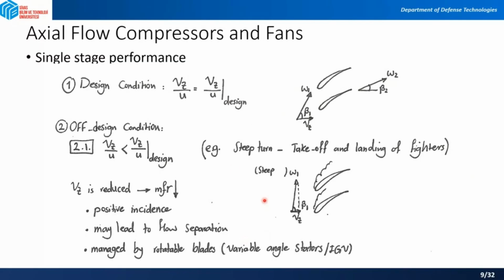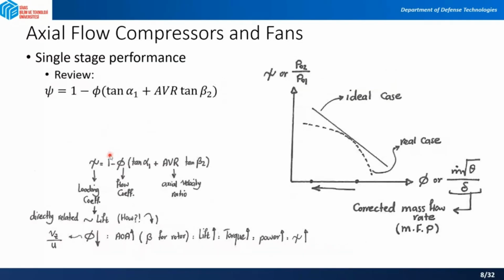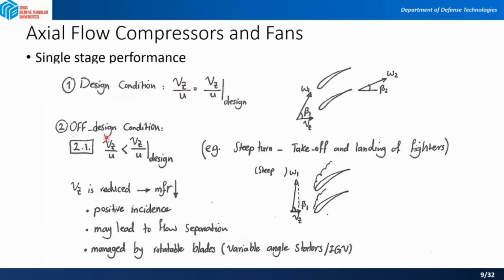But if you take a look at a different case, which we call off design condition, we're going to have two different conditions actually. One is if your flow coefficient, this phi, is smaller than the design value.